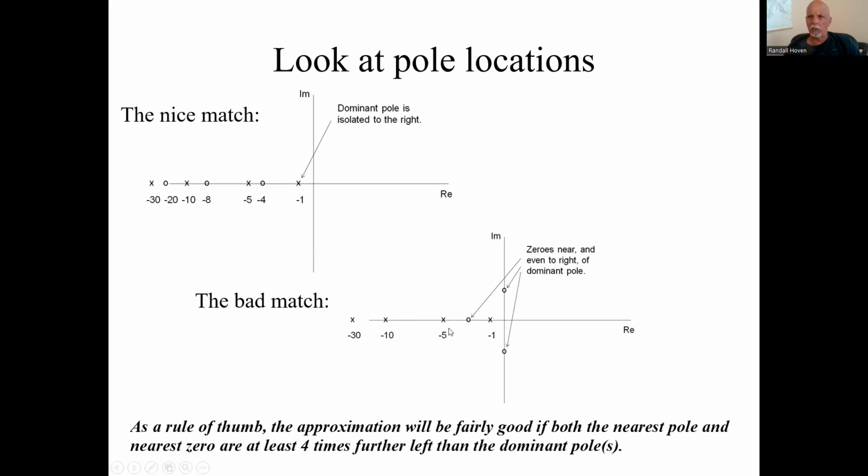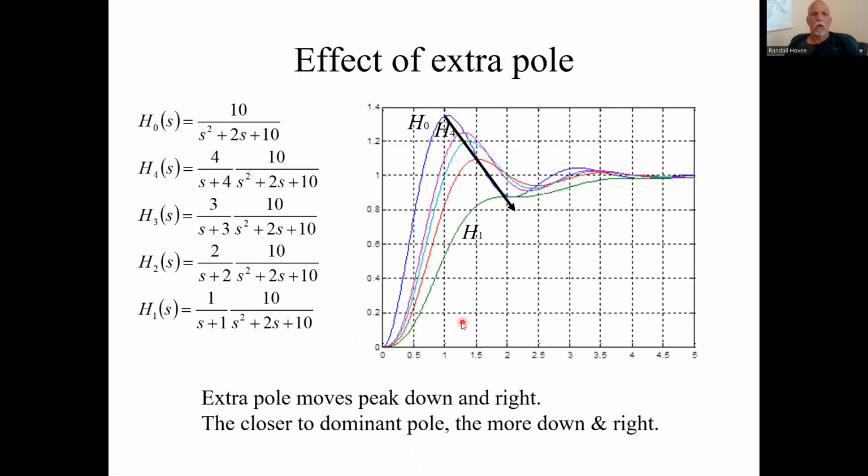Let's look at where it's within a factor of 4 and how bad it is. Say here's an original second order system, and here was its step response in blue. Then I started adding poles. This one's 4 times to the left.